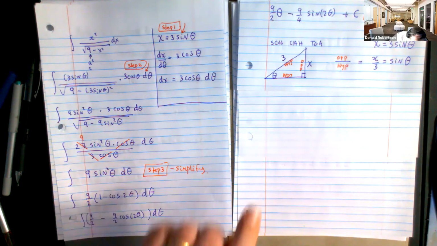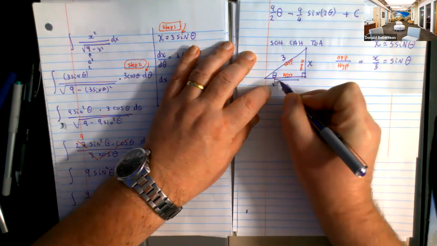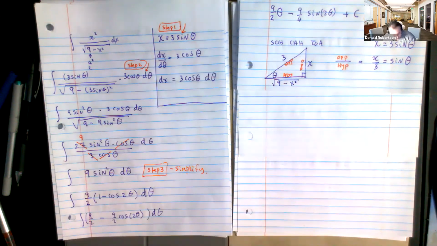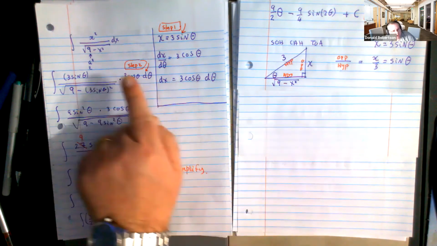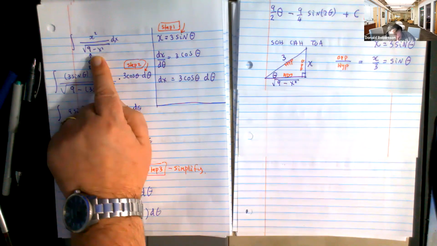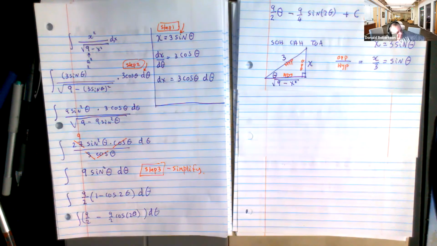So if you want to get the third side, isn't it the square root of this guy, which is 9, take away this guy, which is x squared? The third missing side has got an ugly square root in it. If that's the same ugly square root that the original question had, that's really good news. It means you've been doing it right.